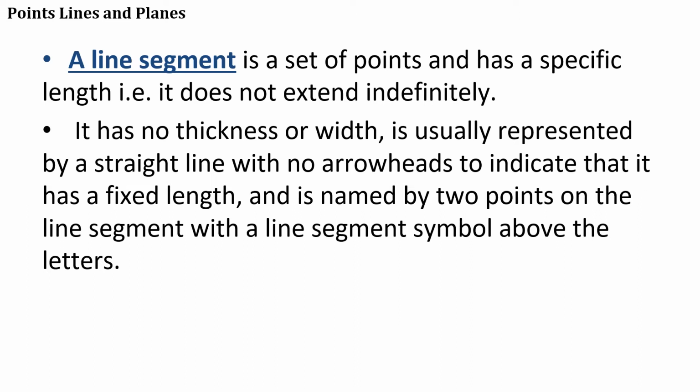It has no thickness or width, and is usually represented by a straight line with no arrowheads to indicate that it has a fixed length, and is named by two points on the line segment with a line segment symbol above those letters. And the points that we're going to be using are the starting point and the ending point. They're both going to be called endpoints.